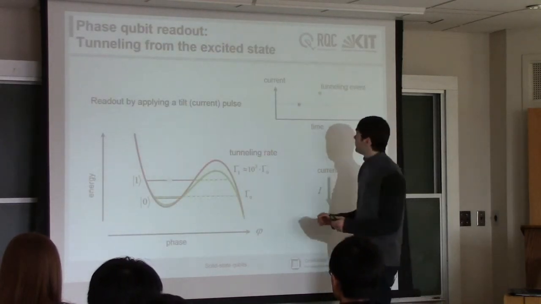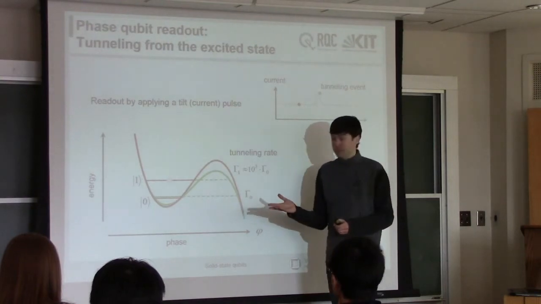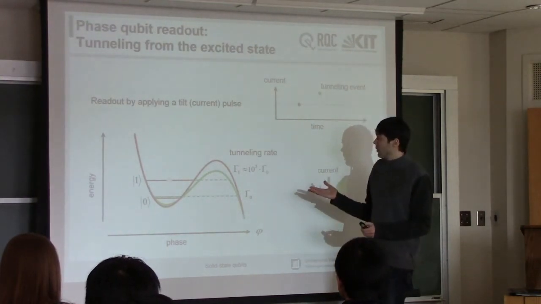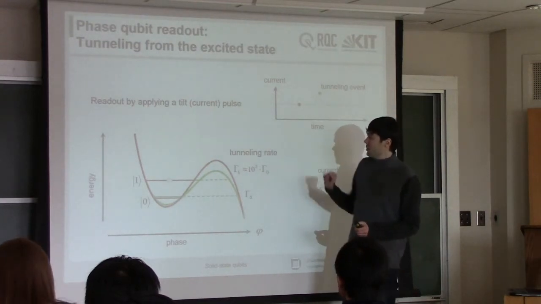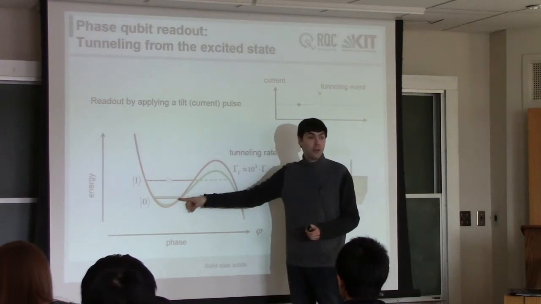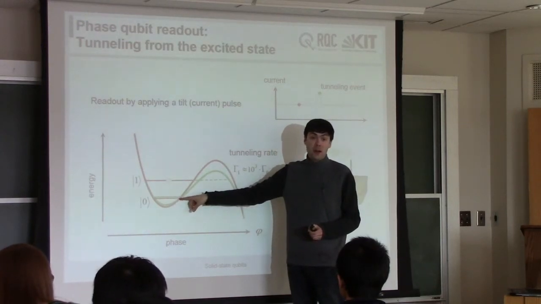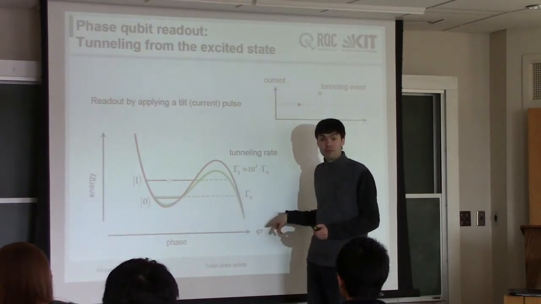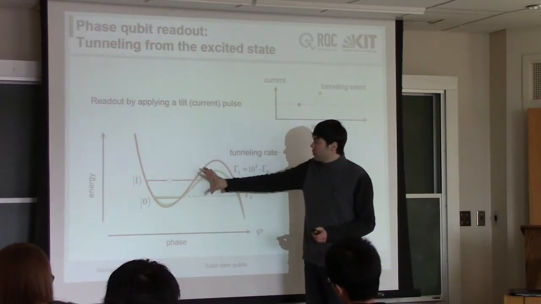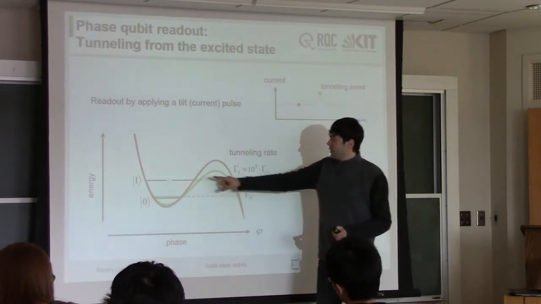Now, this qubit is different in terms of how it should be operated. For example, this is the readout scheme of this qubit. Turns out, if you're in the ground state, it's very hard to escape from this well. And if you're in the excited state, you can tune it such that escape is very easy.